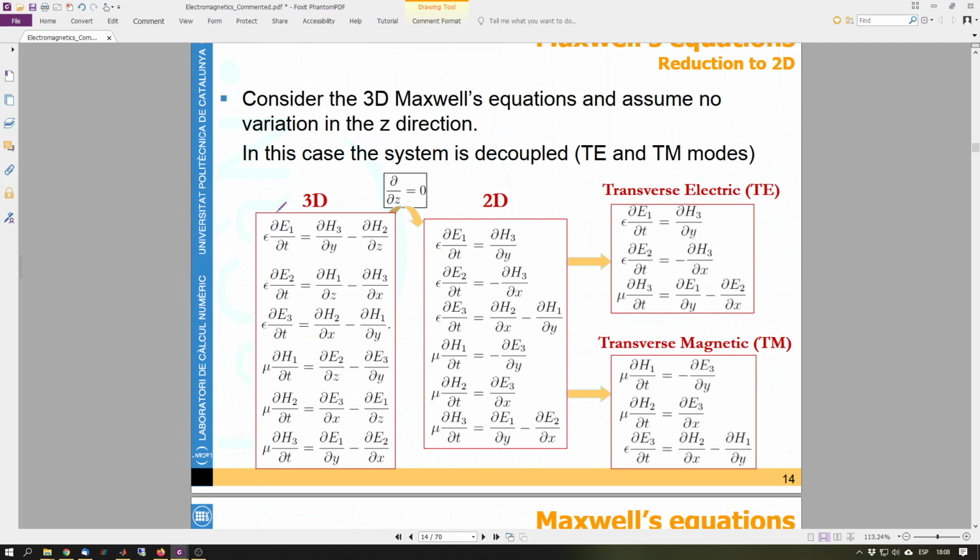These are the first set of Maxwell equations, the first block, where we have the time variation of my electric field, and these are for the magnetic field. So variations along Z vanish. It means that I can cancel this term here. All derivatives with respect to Z, I can get rid of them, right? So in other words, we have some simplifications and it looks a little bit simpler.